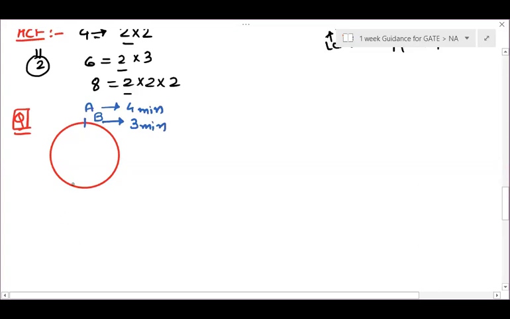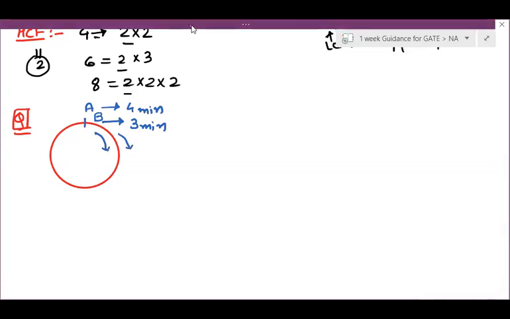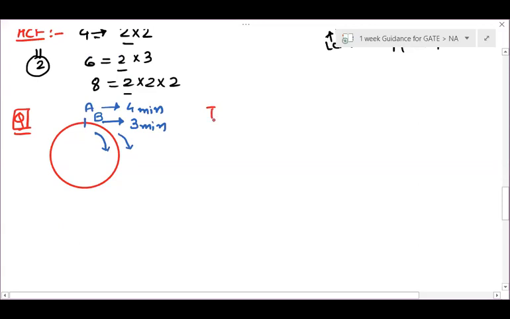They both start their journey on this circle together. Now, when will they meet again?